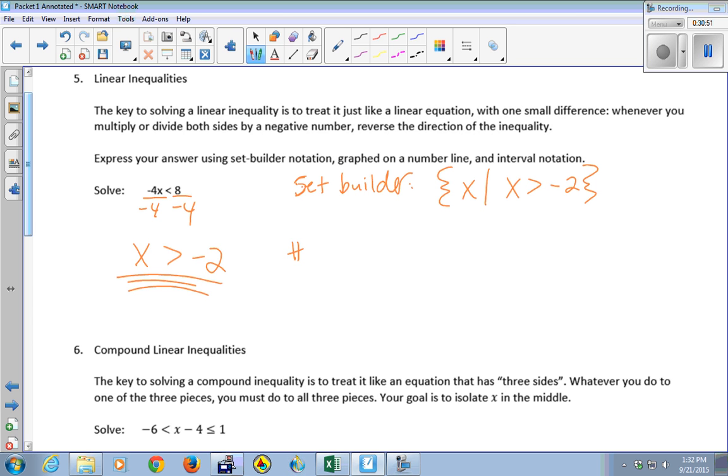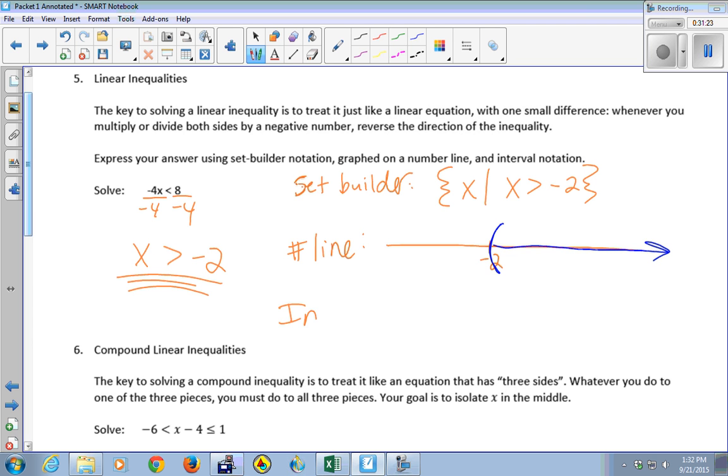Number line, we find negative 2, and it's all values bigger than negative 2, which means left or right? Right, to the right are numbers that are bigger than negative 2. Do I include the negative 2? No, so I put this round parenthesis there and shade everything to the right.